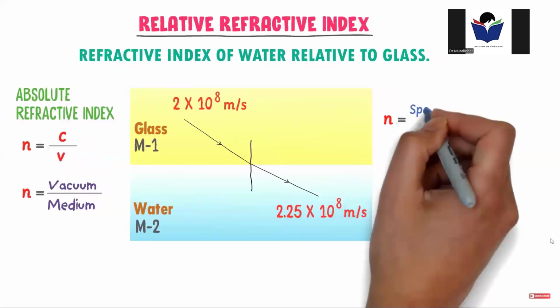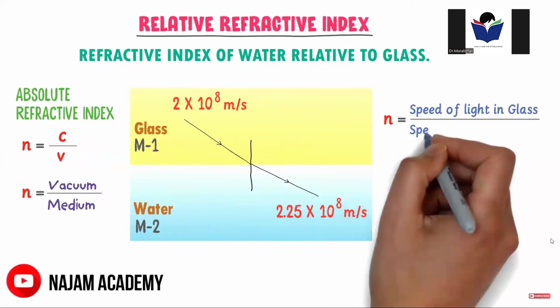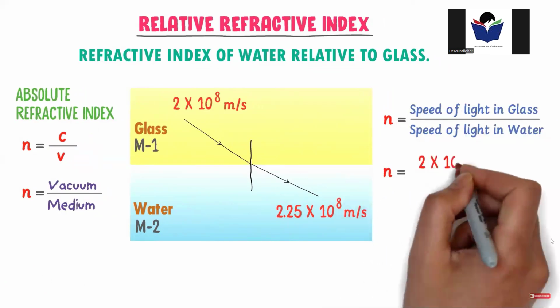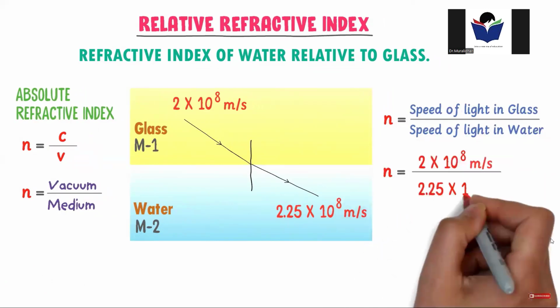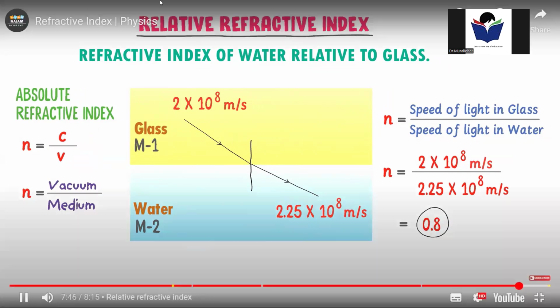So n is equal to the speed of light in the first medium, like glass, upon the speed of light in the second medium, like water. Plug in all these values in this equation. After calculation, I get n is equal to 0.8. So the relative refractive index of water with respect to glass is 0.8.